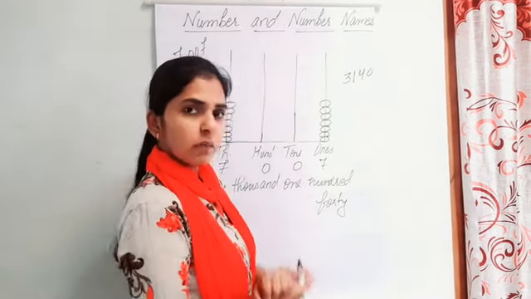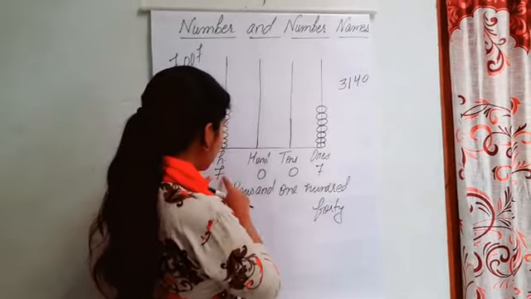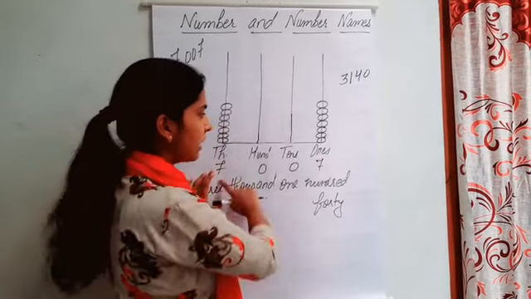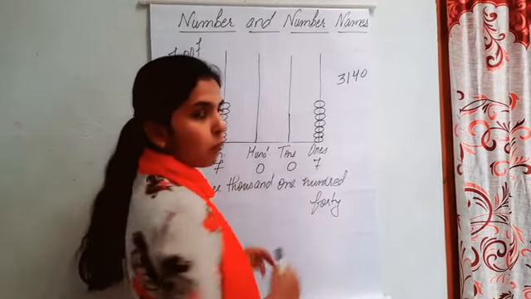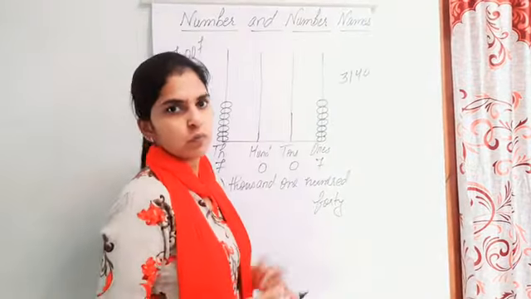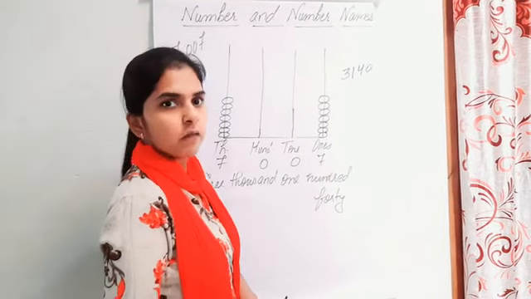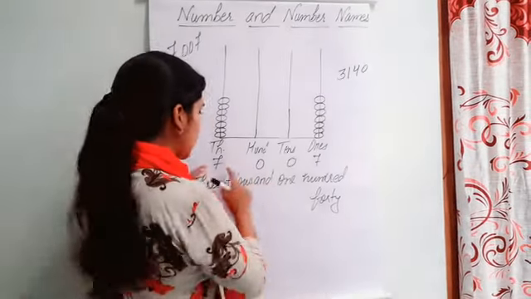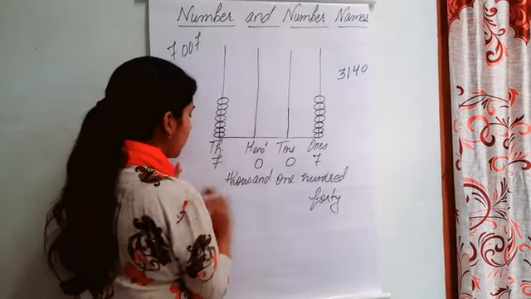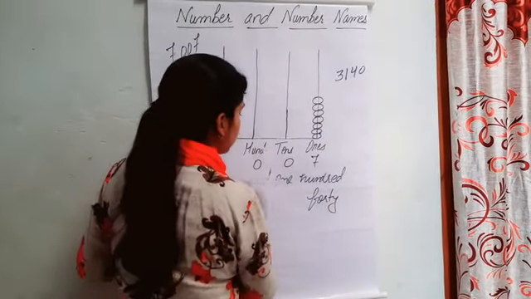So what is the name of this number? The name of this number is 7007. Okay, we will directly jump to this place. Why? Because at the hundreds and tens place nothing is there. So we have to leave those places. We will not read that. So the name of this number is 7007. Okay, now let's write its name.